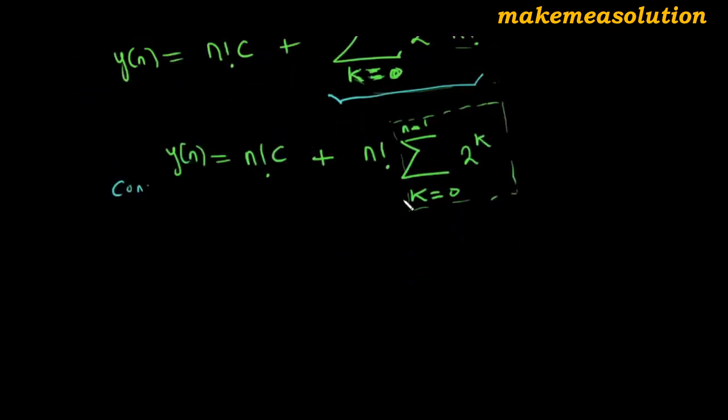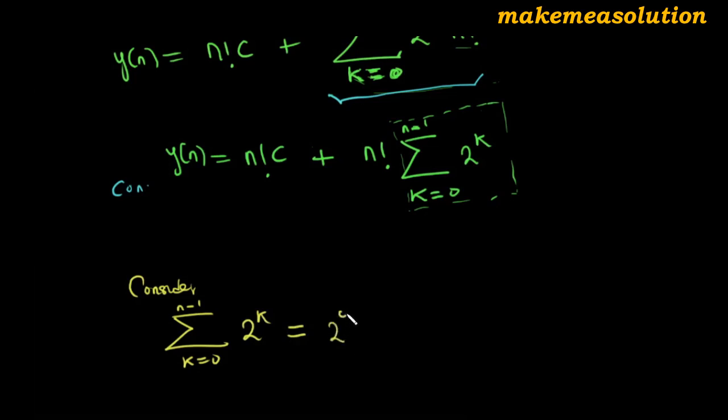This is really very easy to solve if you can remember some principles you learned. Consider the summation from k equal to 0 to n minus 1 of 2 raised to the power of k. Let's expand.